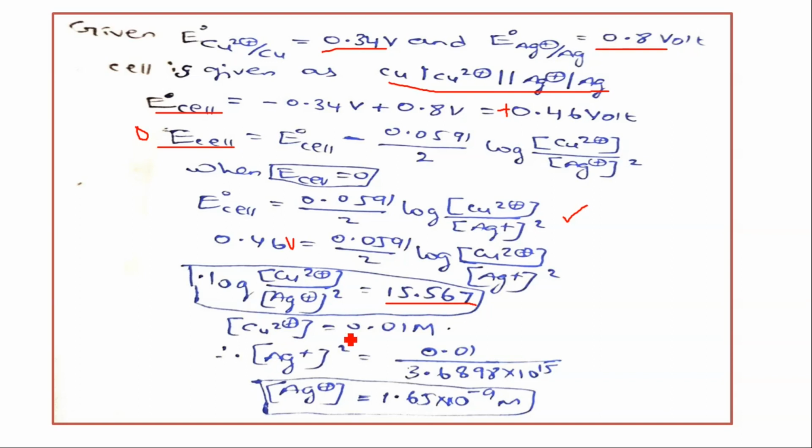The concentration of the copper ion is given as 0.01 molar. So you get the value of Ag plus squared, and finally taking the square root you get the Ag plus ion. The concentration of Ag plus ion is 1.65 times 10 power minus 9 molar.